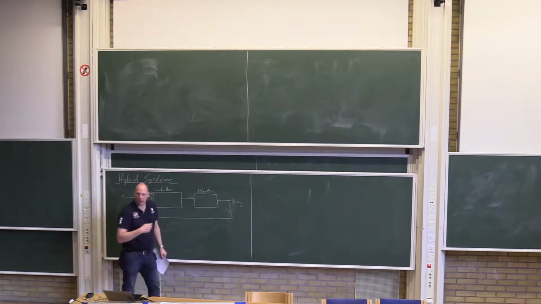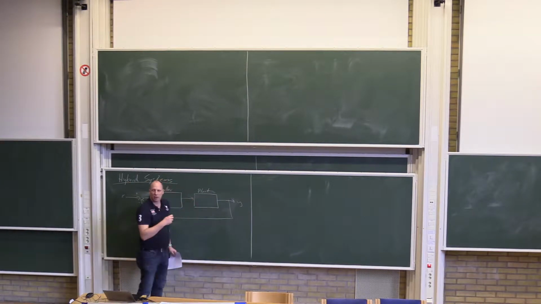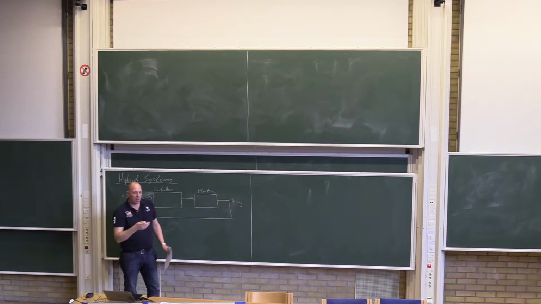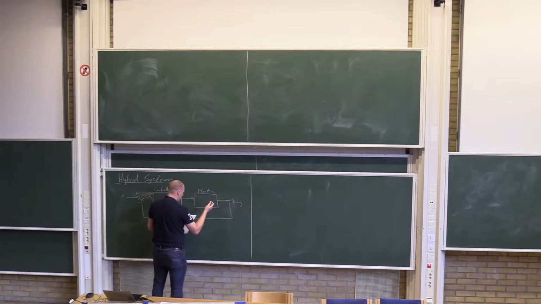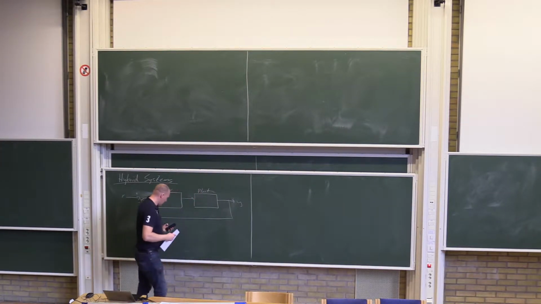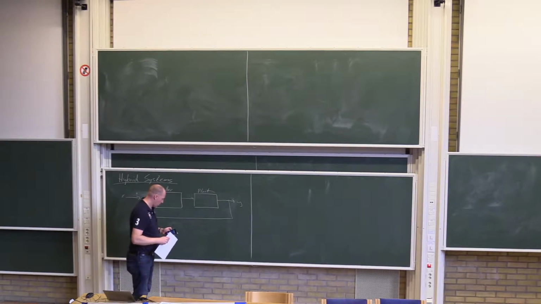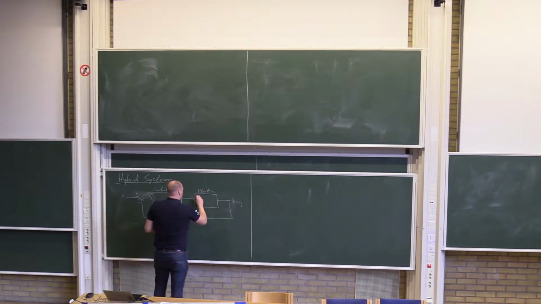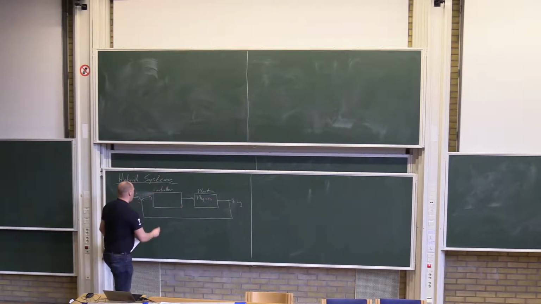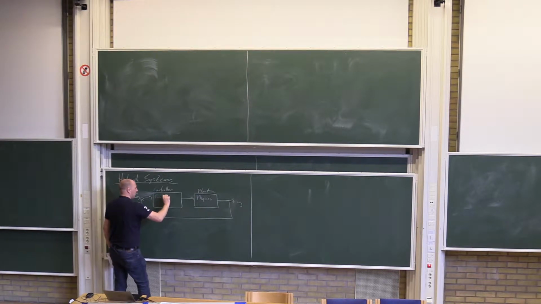So when we're going to simulate this, the plant here is governed by physical relations, typically described by differential equations. Okay, so we have physics here. And here we have our control algorithms, as you know.